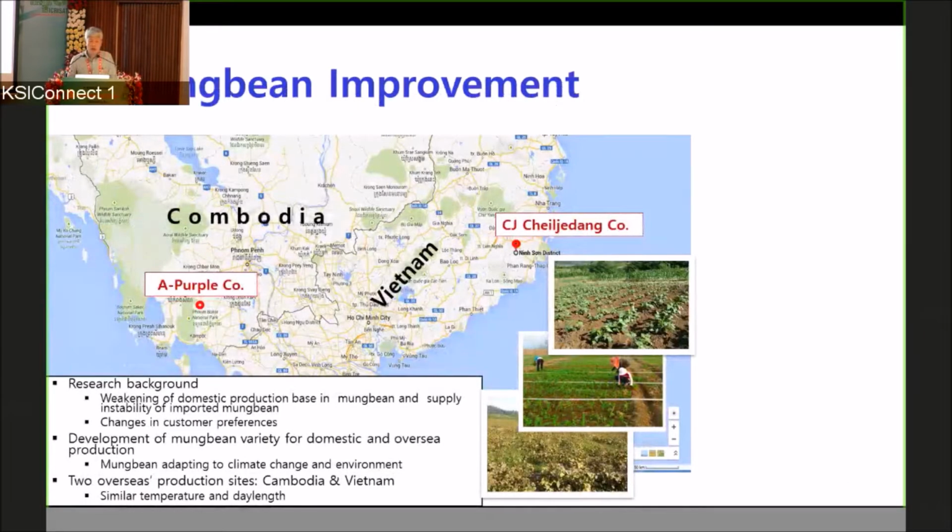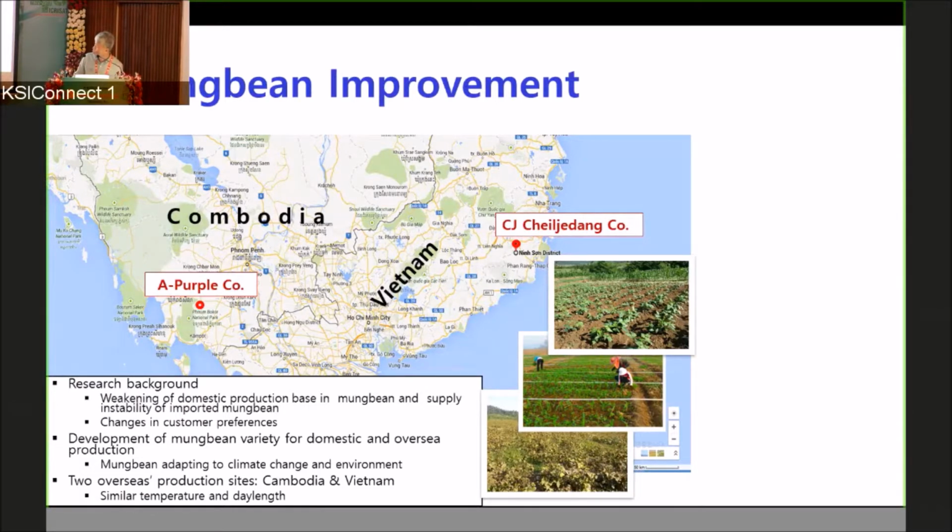Now we launched a breeding program based on the genetic diversity and yield in Southeast Asia. We crossed mungbean; artificial crosses were made in our university, and the advanced generation in our university farm, and some advanced generation was sent to Cambodia and Vietnam, where it was also tested and selected for desirable genotypes of mungbean.